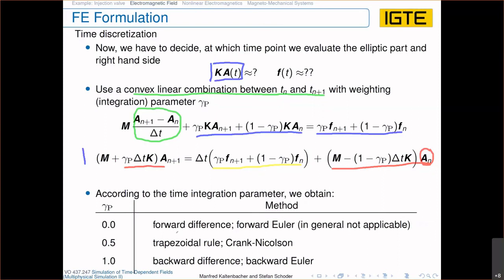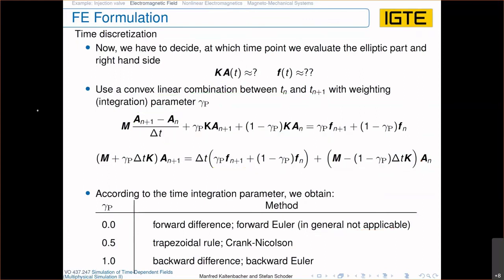You call this a forward difference or forward Euler method, which is in general not really applicable. Why? It is the following case. I have to go back, perhaps, in order to show it to you.